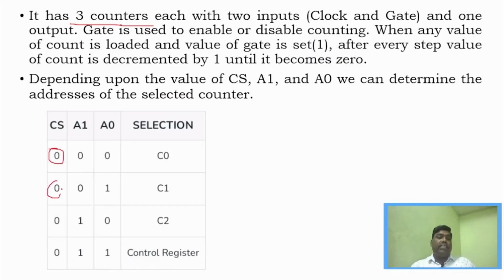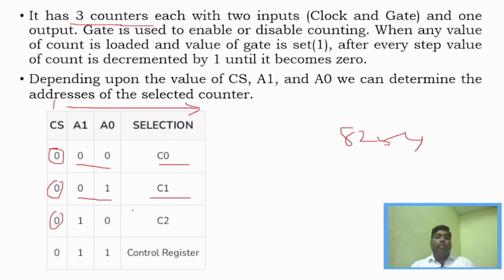Only if CS is equal to 0, this 8254 is selected. If CS is equal to 1, then there is no operation because 8254 is not selected, right? And now if it is 0, 0, counter 0 will be selected, and if it is 0, 1, counter 1 will be selected, and if it is 1, 0, counter 2 will be selected, and if it is 1, 1, the control word register is selected, right?